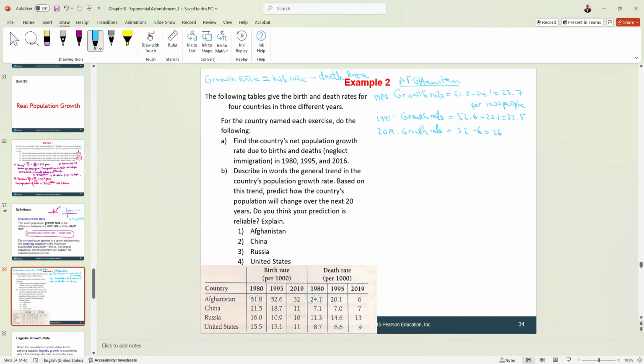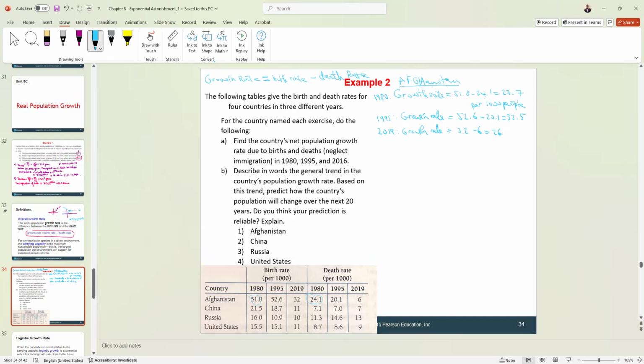I'm going to do only Afghanistan, and I will let you do the other ones. So whatever I do here for Afghanistan, you must do also for China, Russia, and United States.